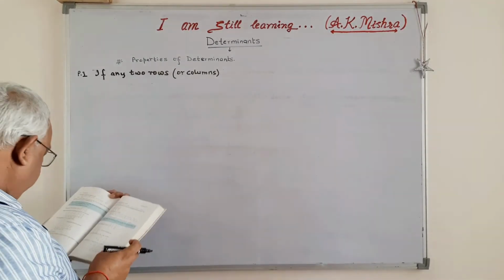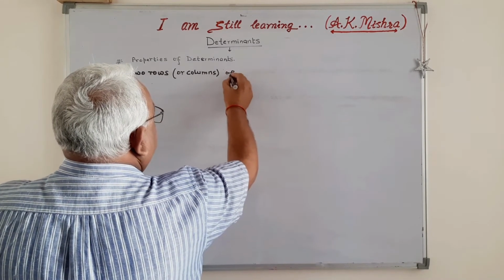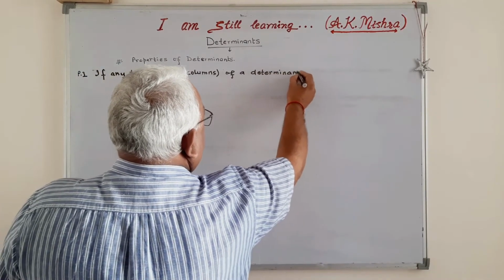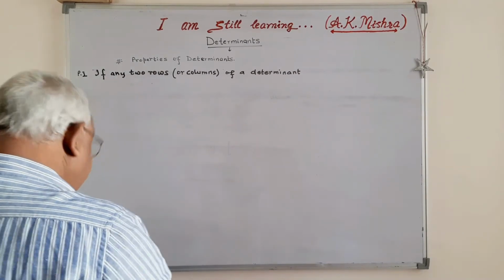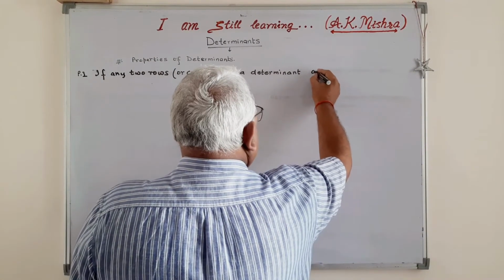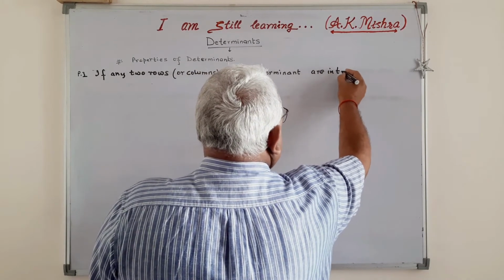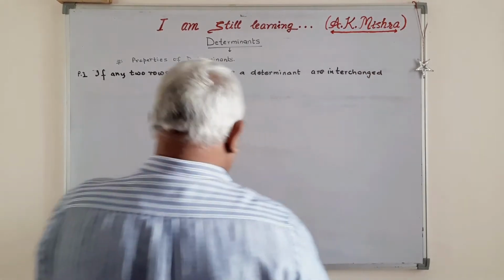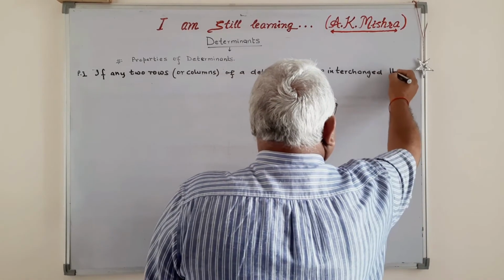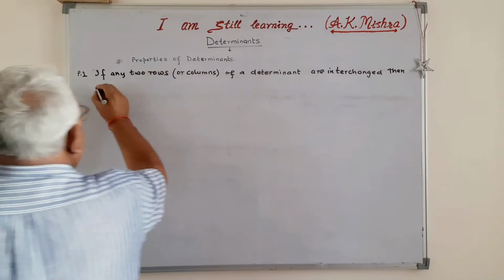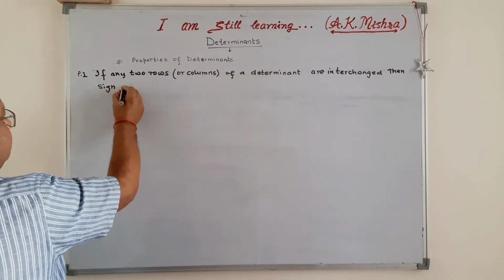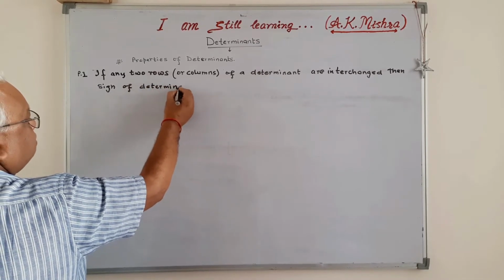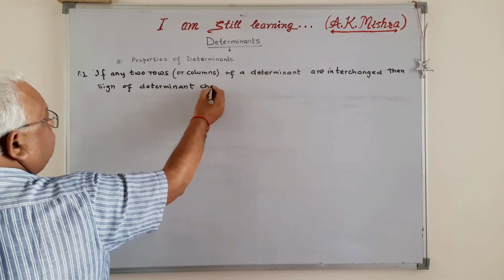So if any two rows of a determinant are interchanged, then the sign of the determinant changes.